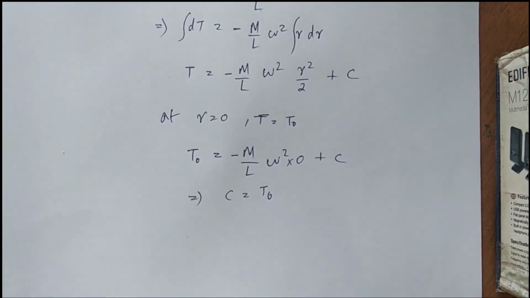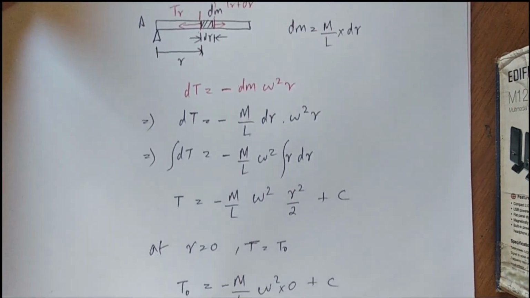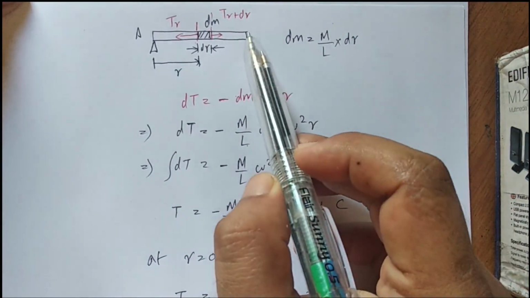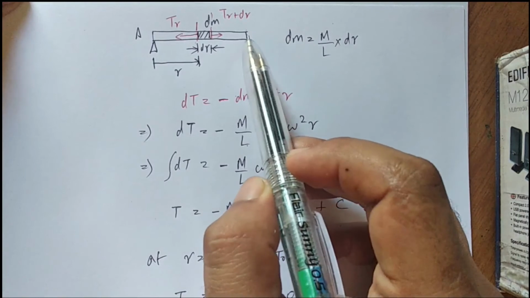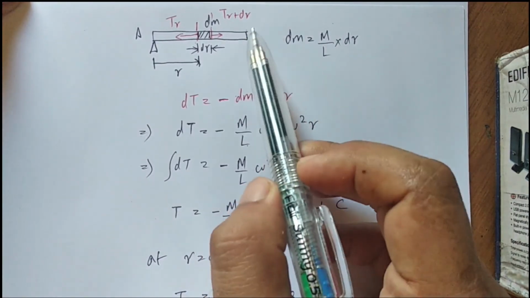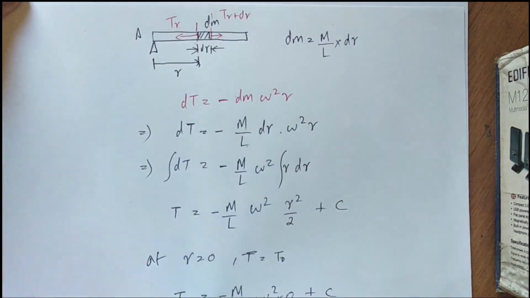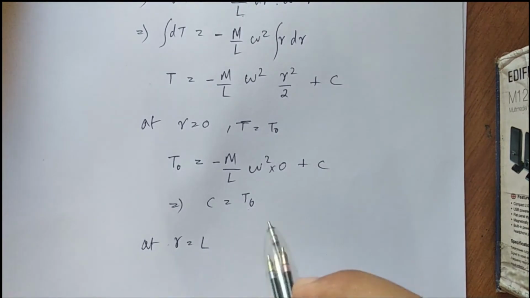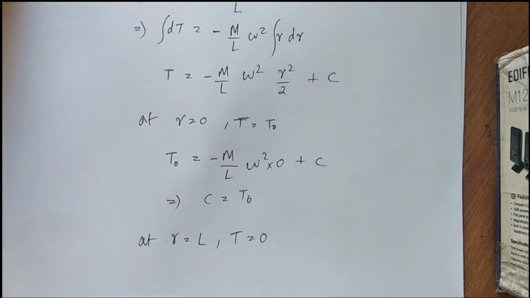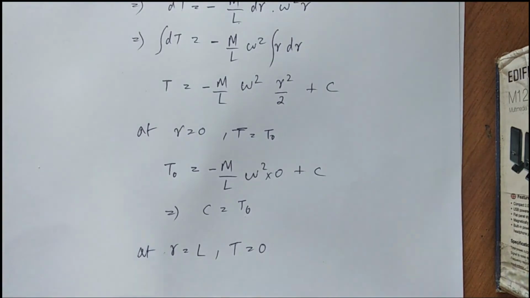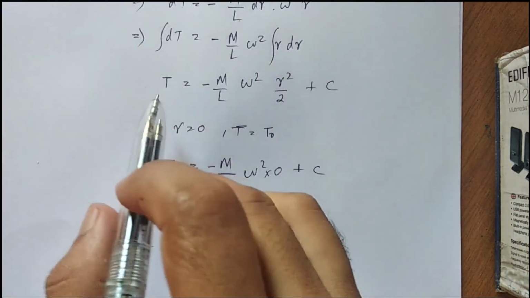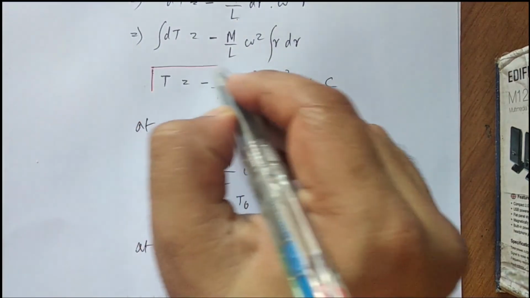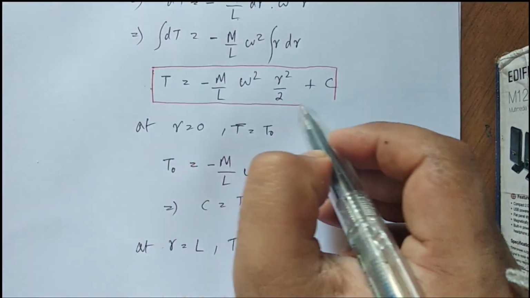Now the second boundary condition would be at R equal to L. At R equal to L, after this section there is no rope, so there will be zero tension experienced by this rope. So at R equal to L, the tension is equal to 0. Now we'll substitute that value again in equation 1.